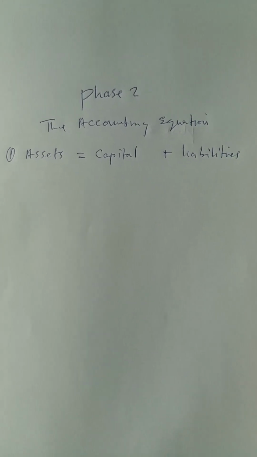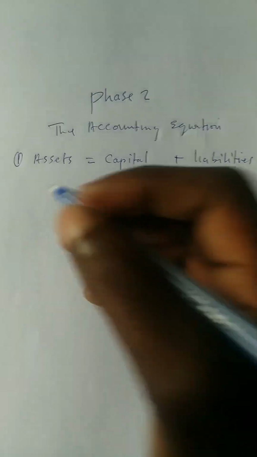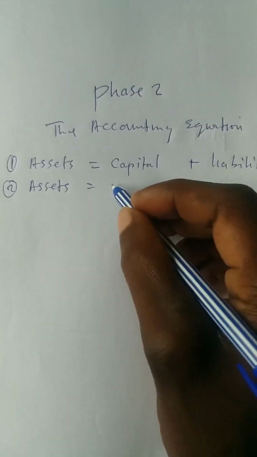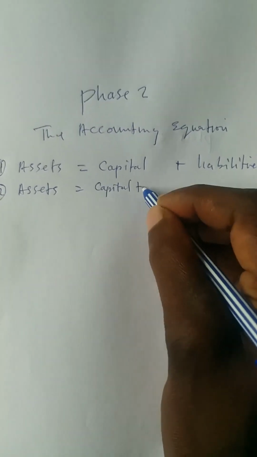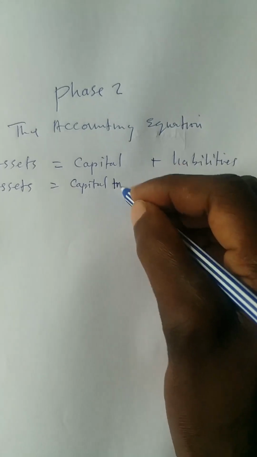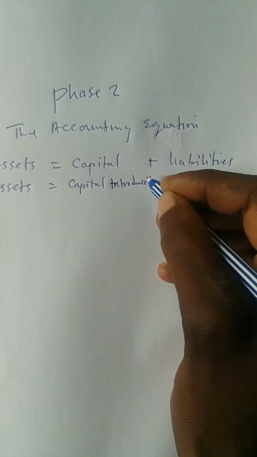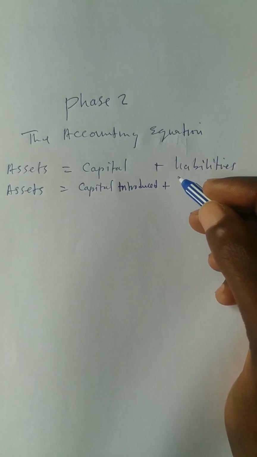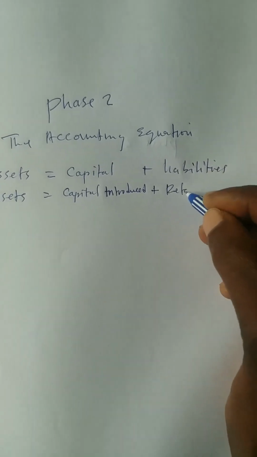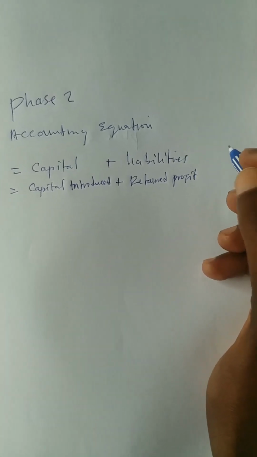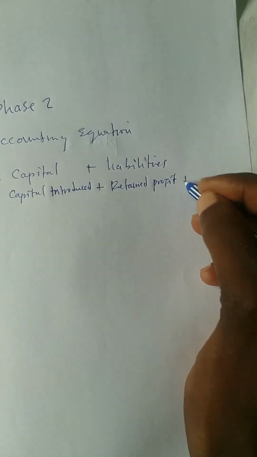And then our second equation goes like this: assets equals capital, and this has to be capital introduced, the first capital introduced into the business, plus the retained profit, plus liabilities.